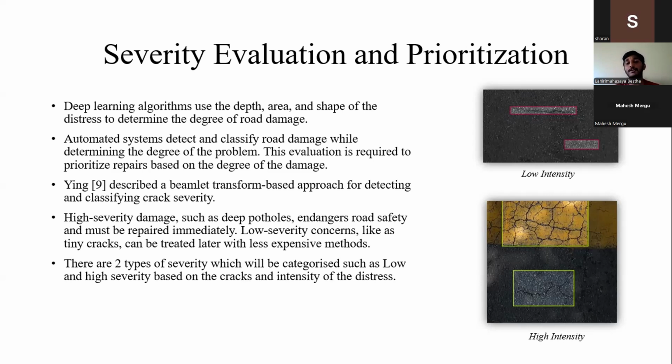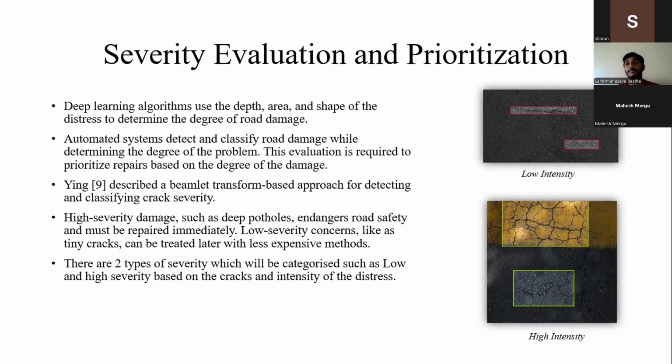Now we'll be trying to build a model which classifies the distress and also tells the severity of the distress. If there are 2 to 3 transverse cracks in one image, that might be taken as low severity. If there are 5 to 6 transverse cracks as well as longitudinal cracks across the image, we can treat that as high intensity, because that might develop into a pothole.